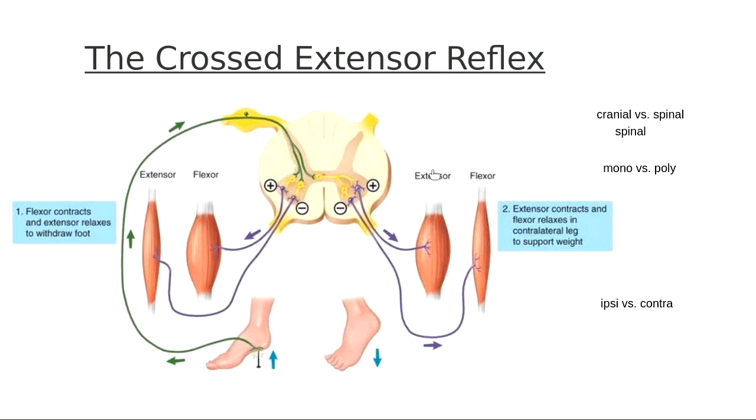Second way that we had to classify it was whether it was monosynaptic or polysynaptic. What did we think on that one? Monosynaptic or polysynaptic? Yeah, we all pretty much seem to agree on this one. This is definitely polysynaptic. This is one like Carrie was asking about.